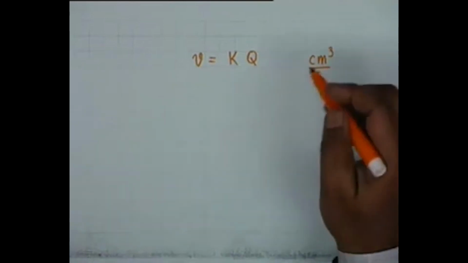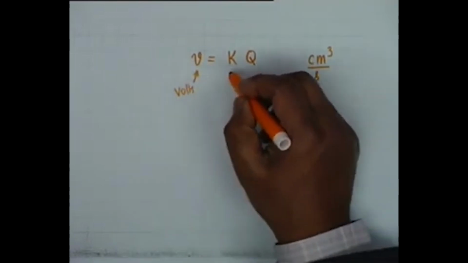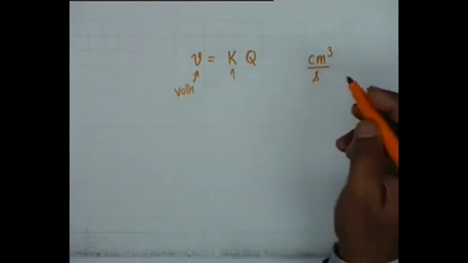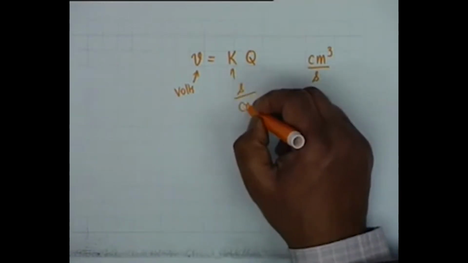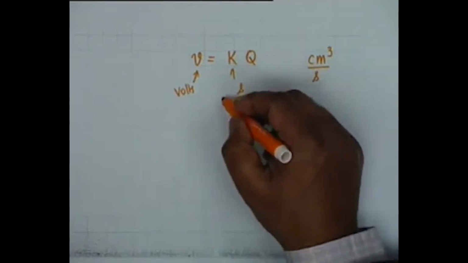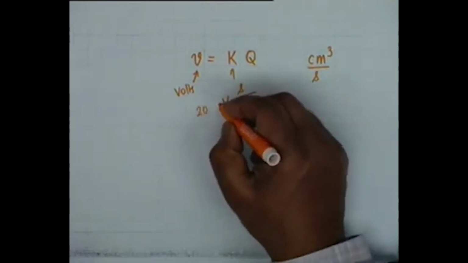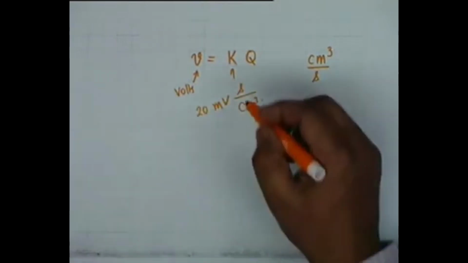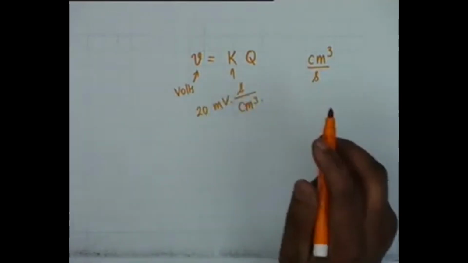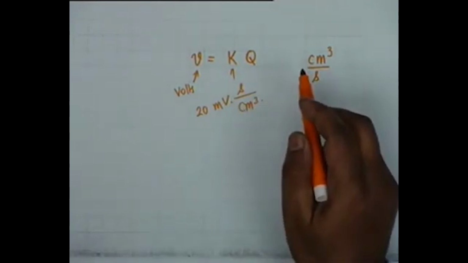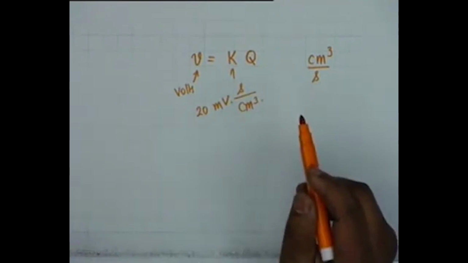And capital K, if V is in volts, would be in volt second per centimeter cube. Capital K is given as 20 millivolt second per centimeter cube. This is what is given. A flow meter is characterized by this relation, V equal to KQ.